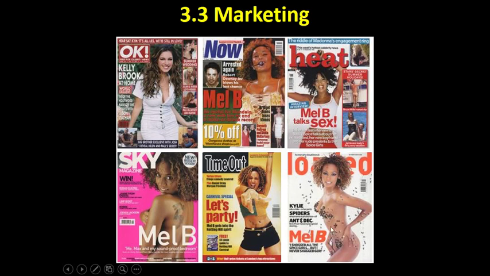Loaded magazine is definitely for males, late teens, early 20s. Time Out is for 25 to 40 maybe, living in urban areas. Now magazine is maybe a little bit older. The point is, all of these magazines are targeting different subsections of the mass market.